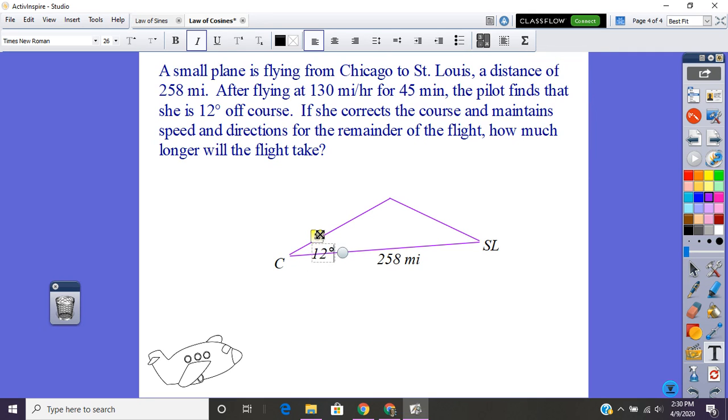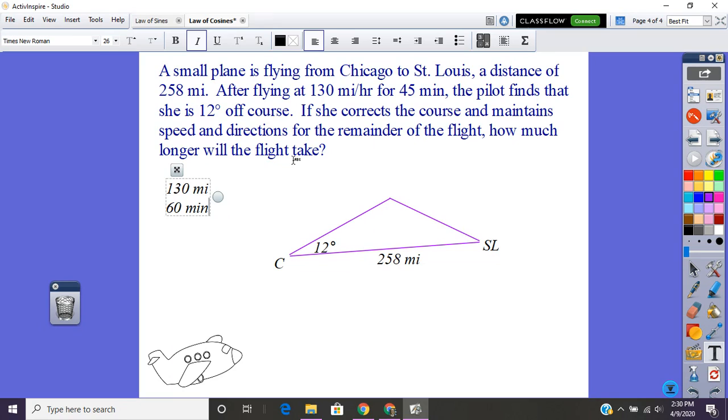So we're going to say, okay, if she's going from Chicago to St. Louis, that's where our 12 degrees is. And it says after flying at 130 miles an hour for 45 minutes, so we've got to figure out how far that is. So 130 miles, and it says in an hour, so that would be 60 minutes.